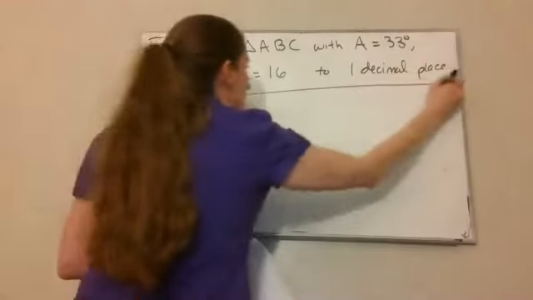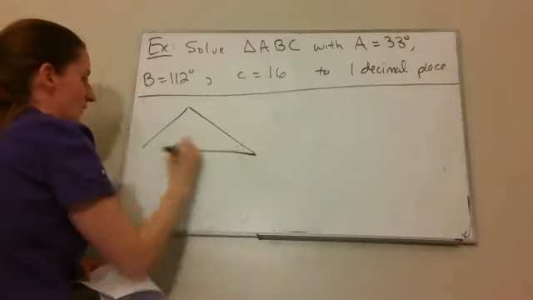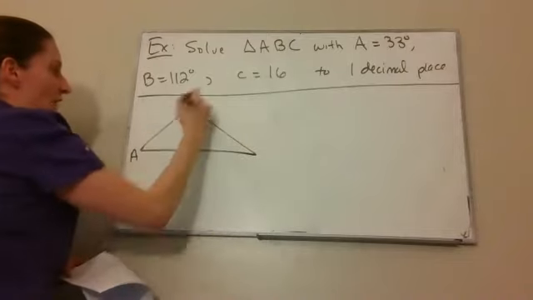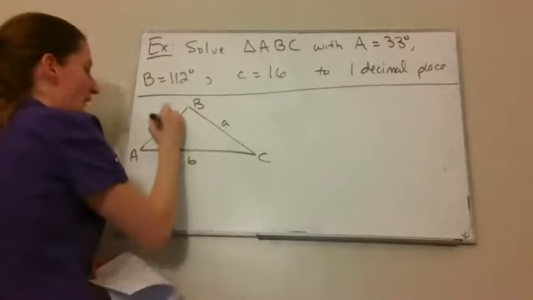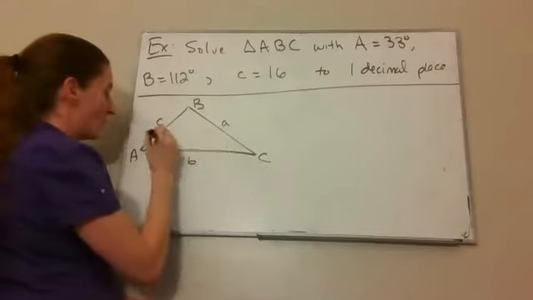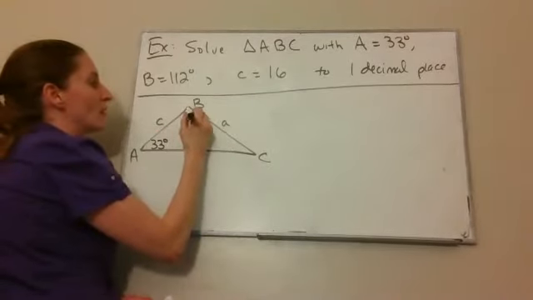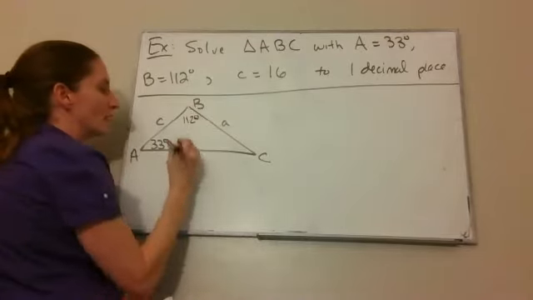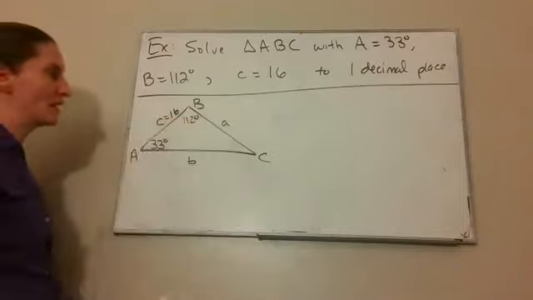Again, I'm going to draw a picture to represent this triangle. There's A, B, and C, and my sides opposite the angles, a, b, c. Fill in the info that I know. Angle A is 33 degrees, angle B is 112 degrees, and side c is 16. Let's start by finding angle C.